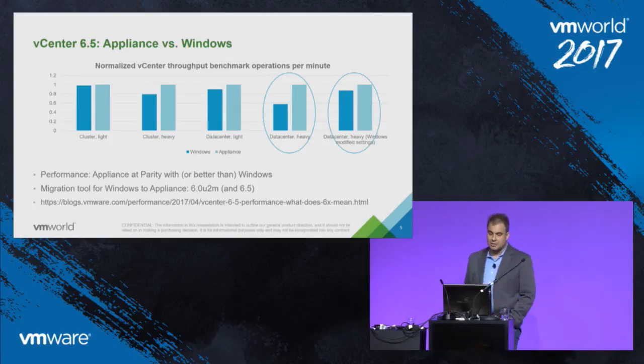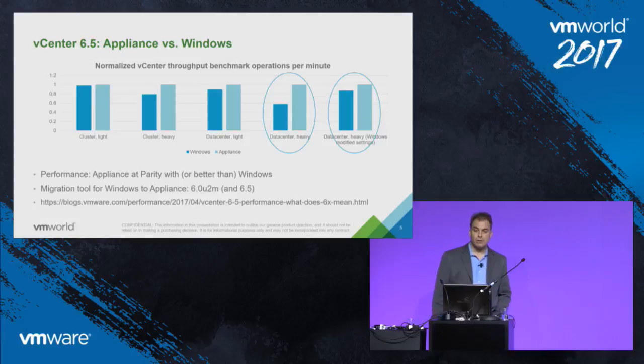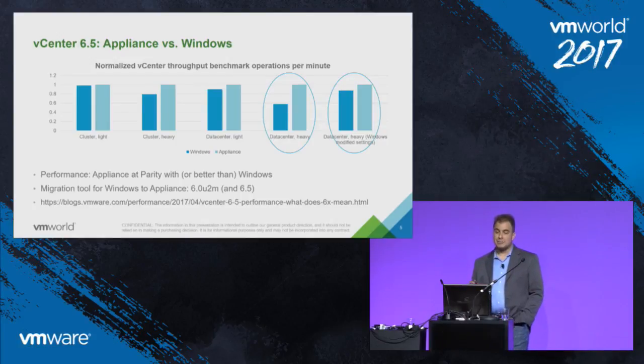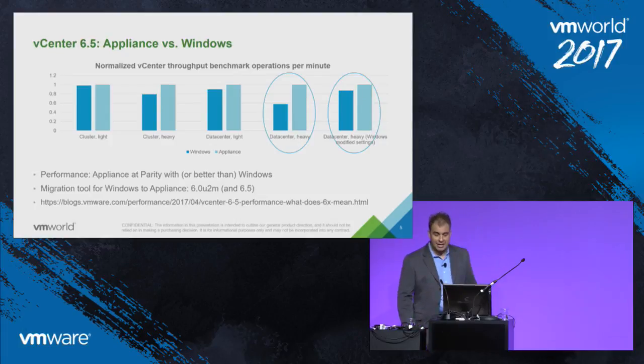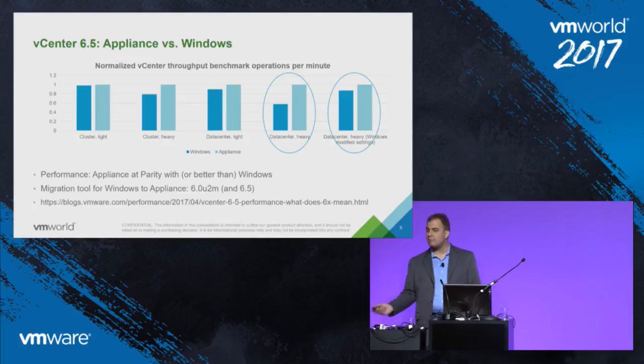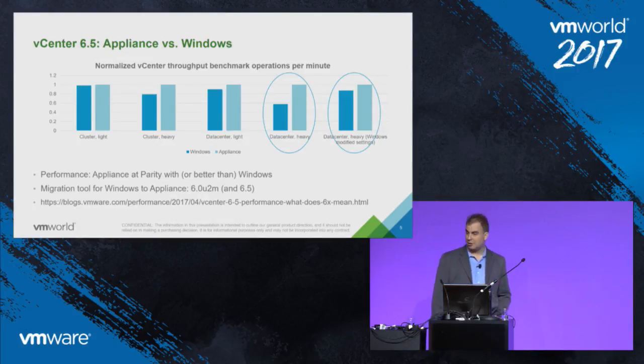One of the things we were able to observe is that we were able to bring performance of vCenter on Windows up to something closer to what we could achieve with the appliance with significant operating system tuning of Windows, but this was fairly difficult to achieve and not something that would be easily obtained out of the box. The second thing we want to impress on you is that if you are considering migrating to the appliance and have any performance concerns around doing so, we really hope that this data helps put your mind at ease a little bit.